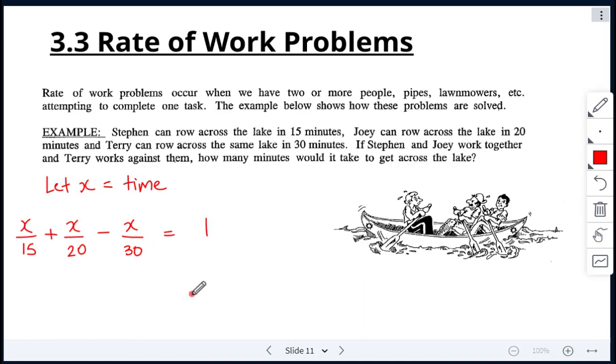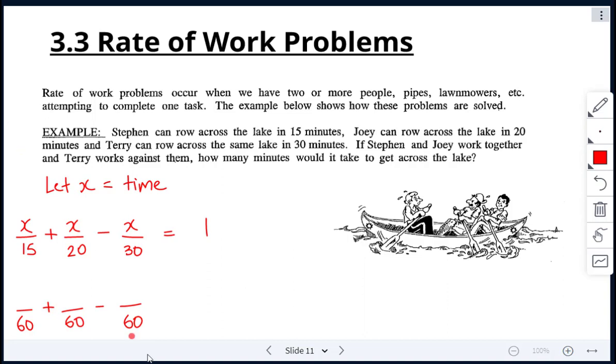Now we're just working with fractions, so what we have to do here is get a common denominator. We have 15, 20, and 30. The lowest common multiple for the common denominator is going to be 60.